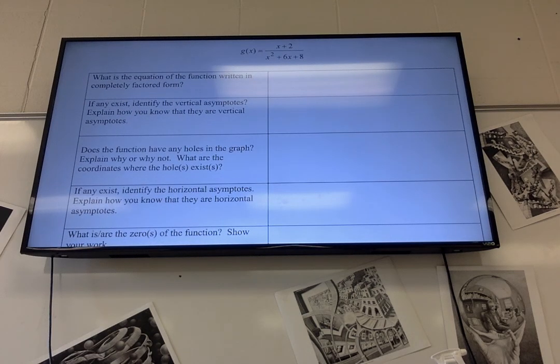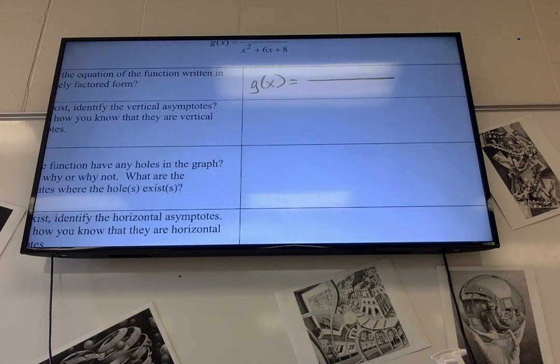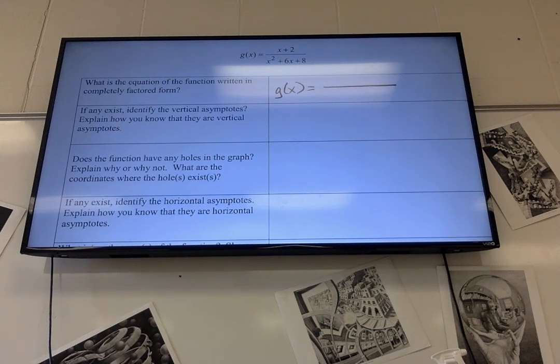Okay, so the first question is, what is the equation of the function written in completely factored form? So I want you to go ahead and factor this, and I'm going to call on somebody. If you get done with that, you can go in and fill out the rest of them.